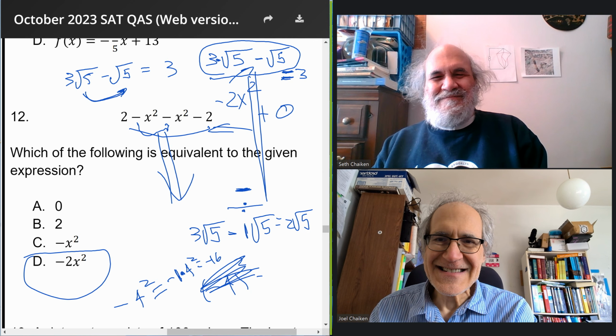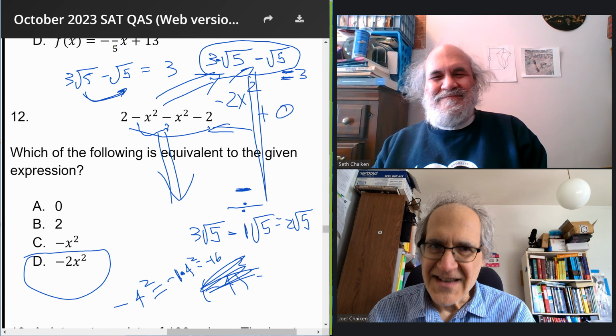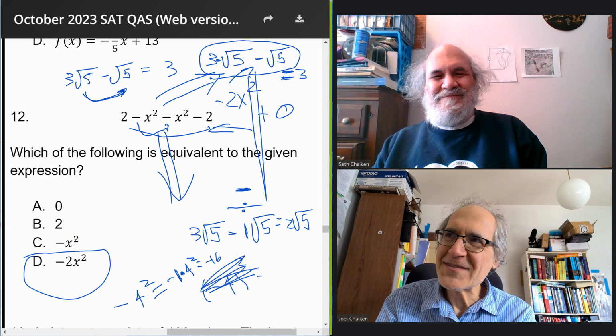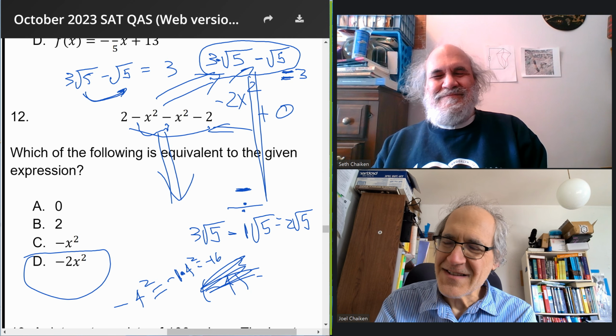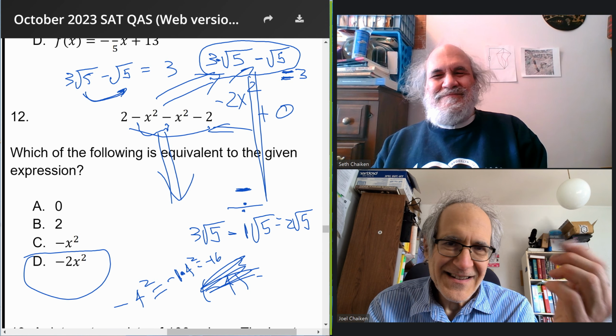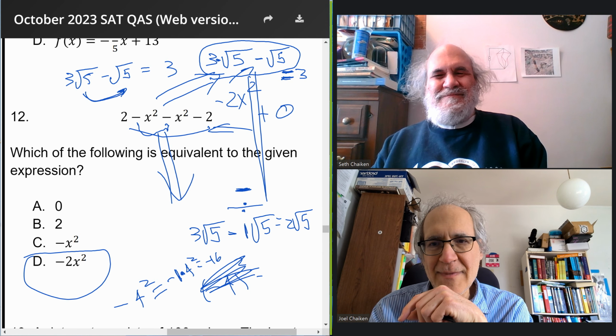This is a classic example of seeing something that's wrong mathematically, but thinking that it looks correct. So this is what you really have to be careful about when you're doing all math.